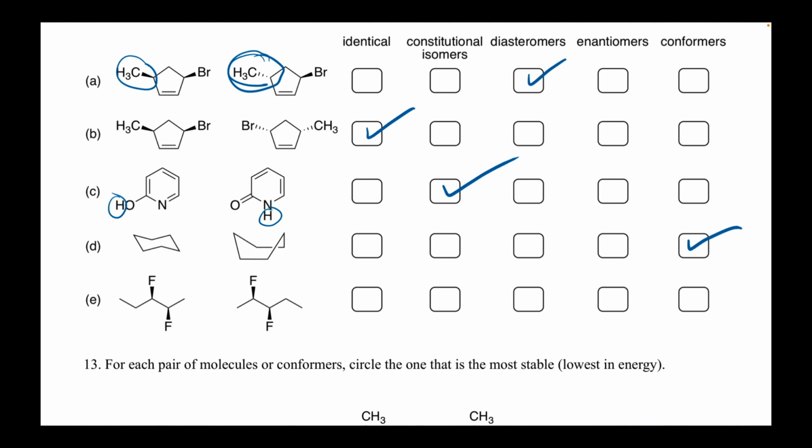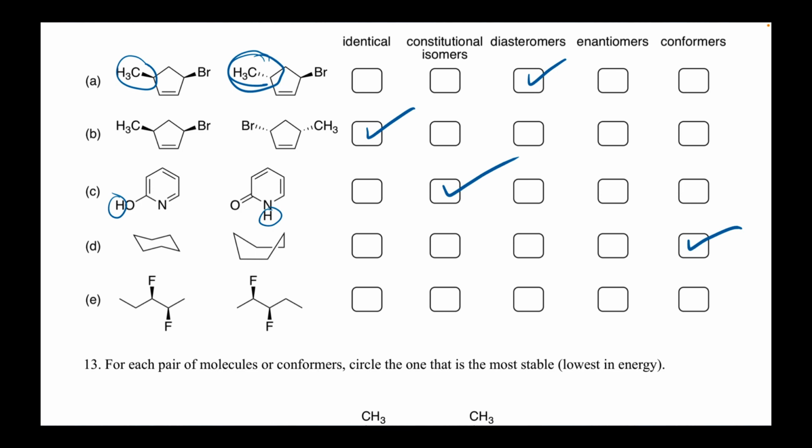And the last one. Identical. Nope. They're not identical. What's different? The thing at the end, like how on the left it goes up and on the right it goes down. But I don't know what it's called.